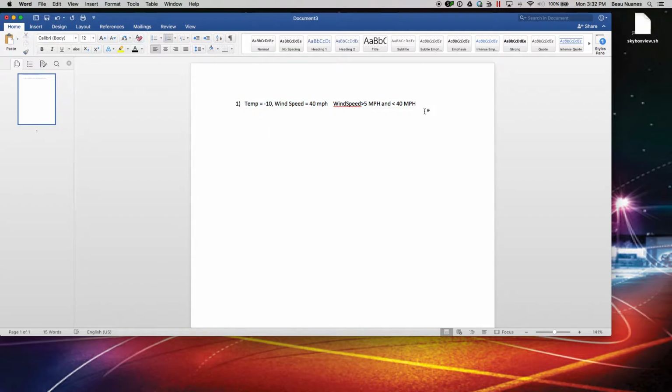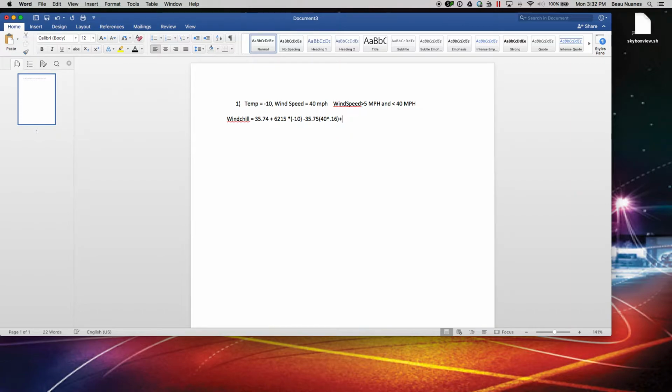Given these parameters, wind chill is going to be equal to 35.74 plus 0.6215 times our temperature, in this case minus 10, then minus 35.75 times V, which is our wind speed, to the 0.16 power, so 40 to the 0.16.